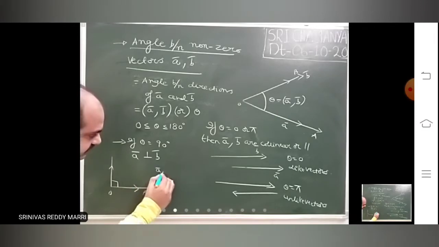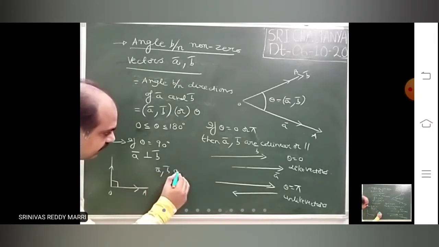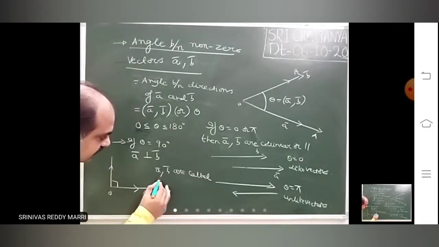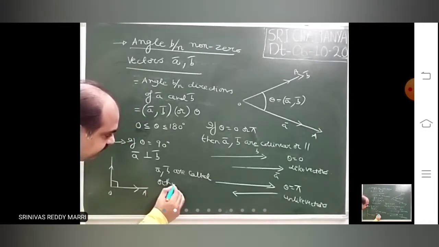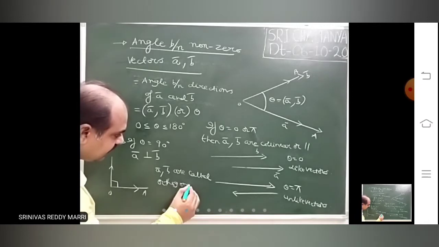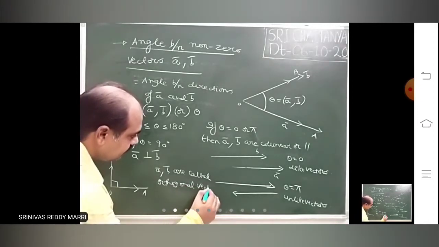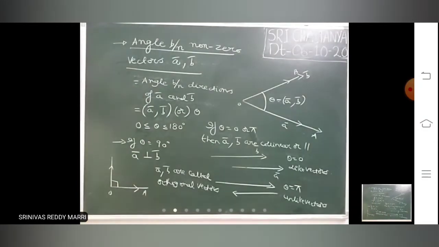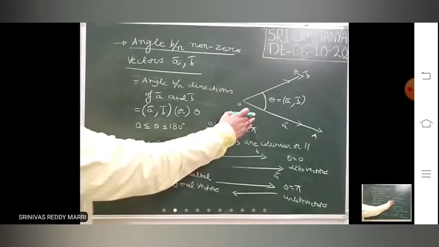So in this case, a bar, b bar are called orthogonal vectors if the angle between them is 90 degrees. They are called orthogonal vectors.